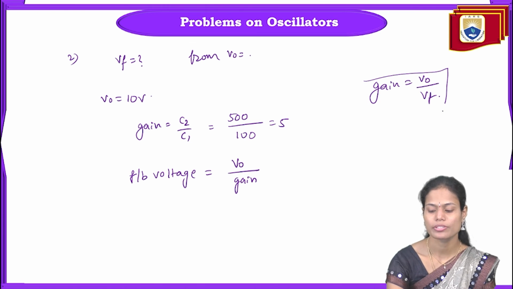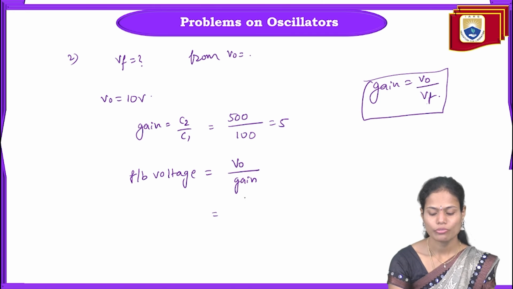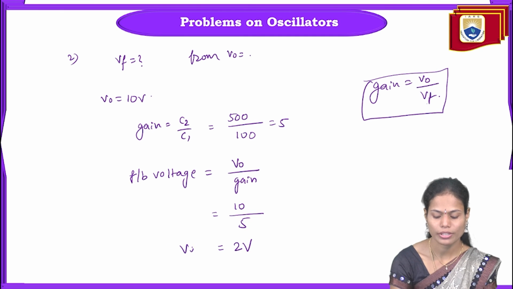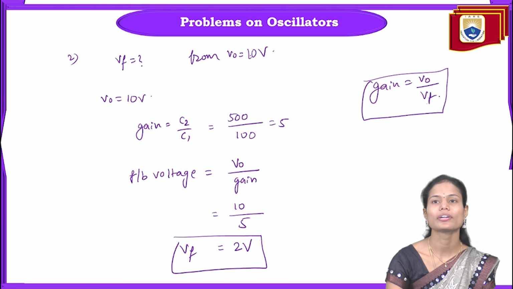So Vf equals V0 by gain. V0 is 10 and the gain is 5, so the feedback voltage is 2 volts whenever the output voltage is 10 volts.